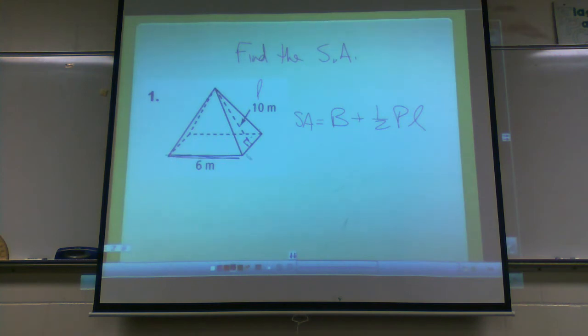The base, guys, for this to work out is going to be a square. That's 6. So area of the base is 36. Perimeter is 24, right? Each side 6, times 4, and slant height was 10.